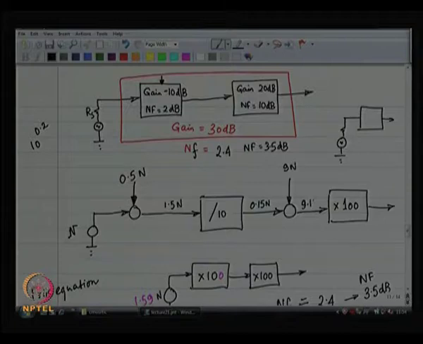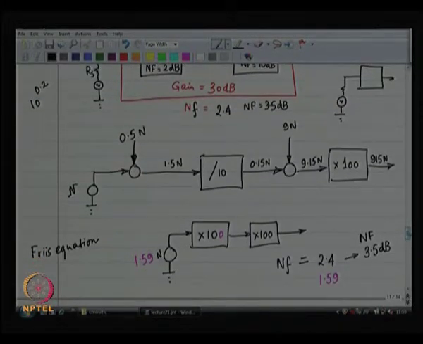So, I am going to get 9.15 n over here, that multiplied by 100 is going to be 915 times n. 915 times n divided by a factor of 10 means that my input was 91.5 n. Wow. So, your noise factor is now going to become equal to 91.5, which is terrible.